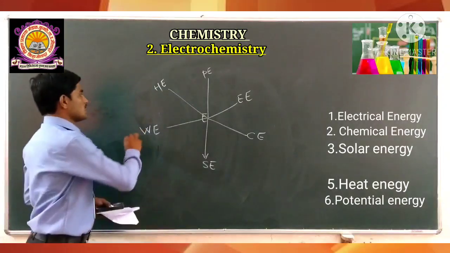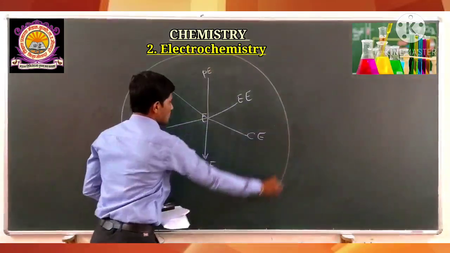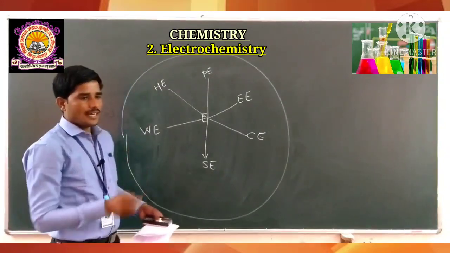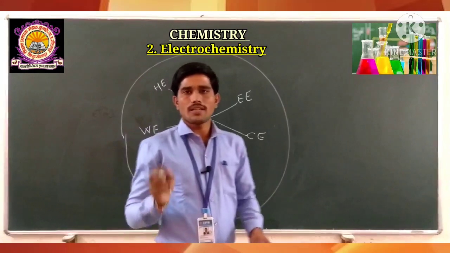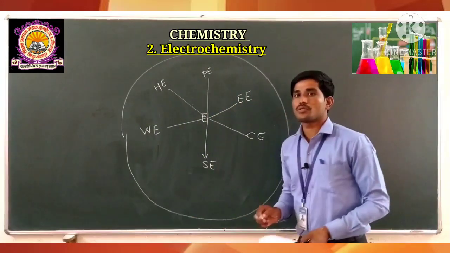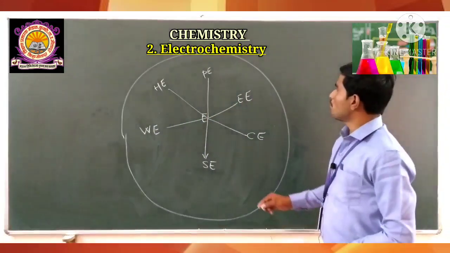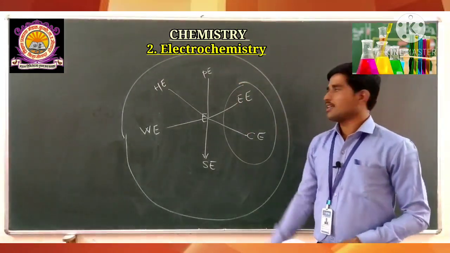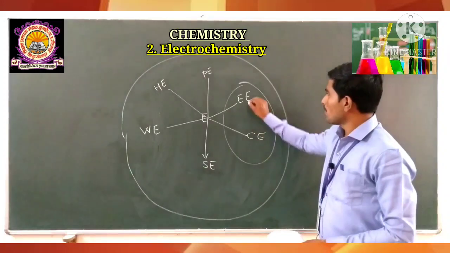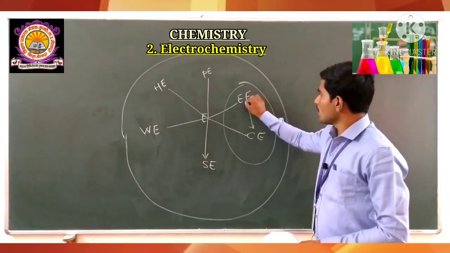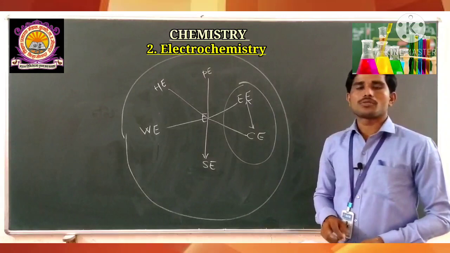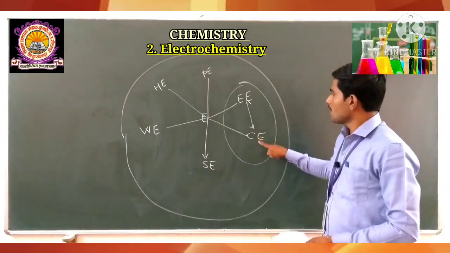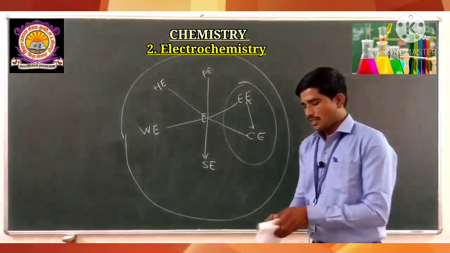So there are many different forms of energy. In the branch of electrochemistry, we study the relationship between these two types of energy, electrical energy and chemical energy.